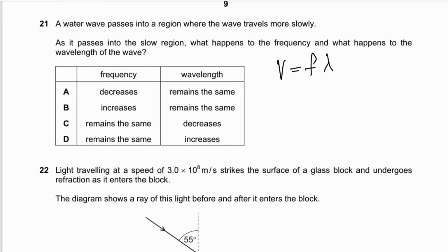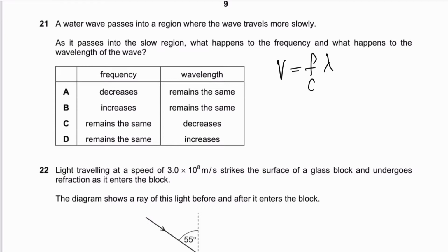Anything vibrating produces a sound or a wave. So we can say that the frequency will remain constant, because it doesn't talk about any change in the source of the wave.